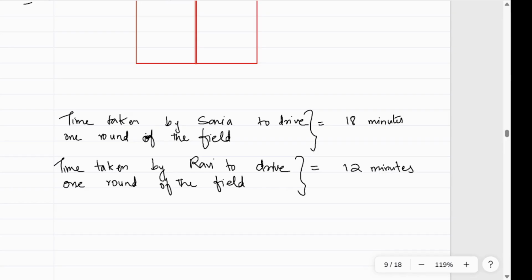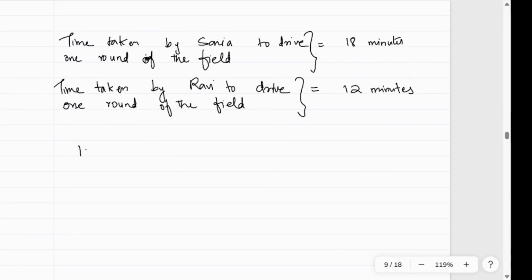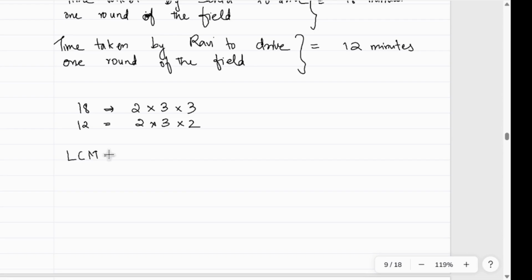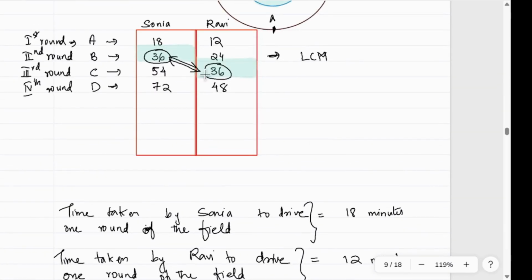Now we have to take our 18 and find the factors of 18, which is 2 into 3 into 3. And what are the factors of 12? 12 is 2 into 3 into 2. So how to find the LCM? LCM equals 2 into 2 into 3 into 3, right? Which is equal to 36. This is what we already found from this.